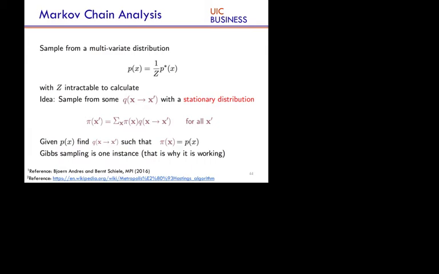Even Q is a distribution. When I write Q of x to x prime, this is the probability that the next state is x prime given that the current state is x. So you can actually just enumerate it.